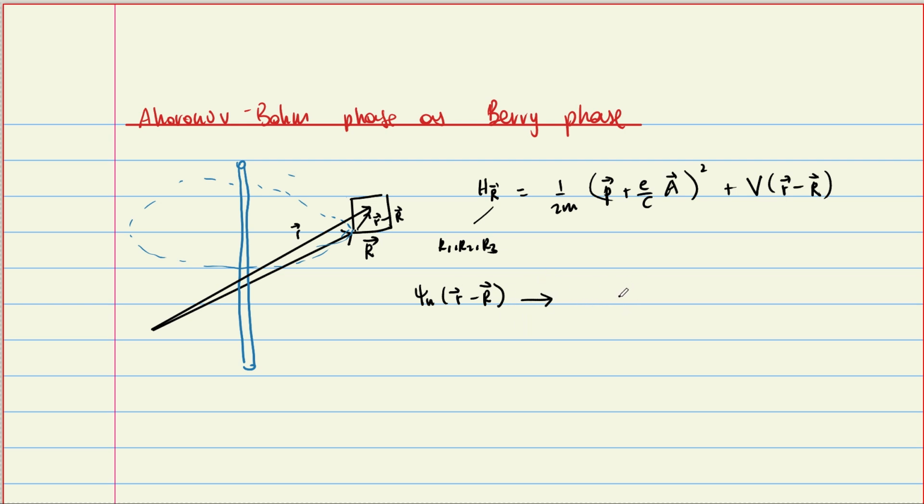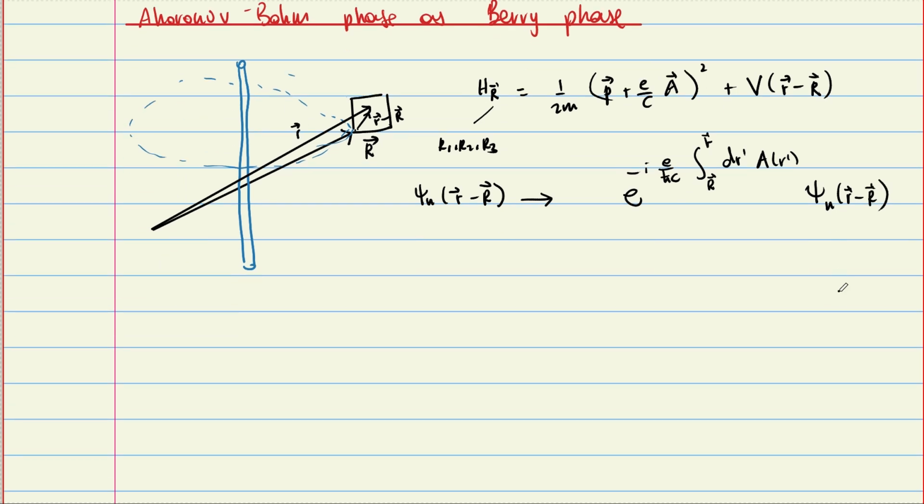In the presence of A, we just put in this vector potential phase, the so-called Peierls phase, e to the minus i e over h bar c, integral from R to r of dr' A of r', times psi n of r minus R. And I want to call this phase, again a short name, theta.